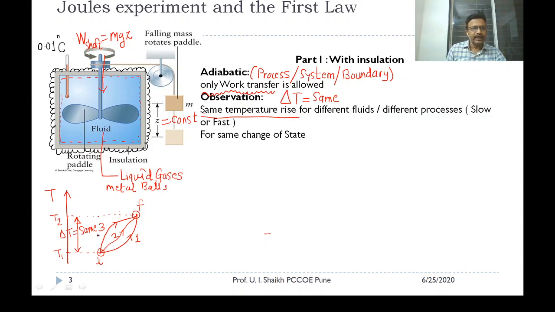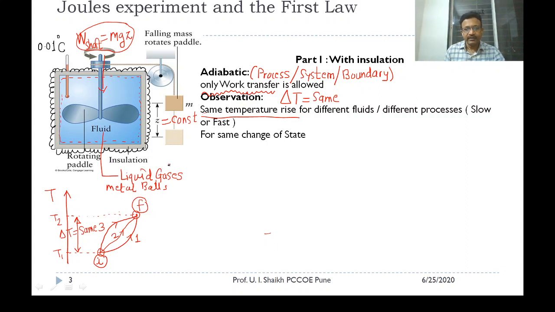Now conversely, I can say that to achieve the same change of state from I to F, the amount of work required to be supplied to the system was same, and that was equal to m into g into z.